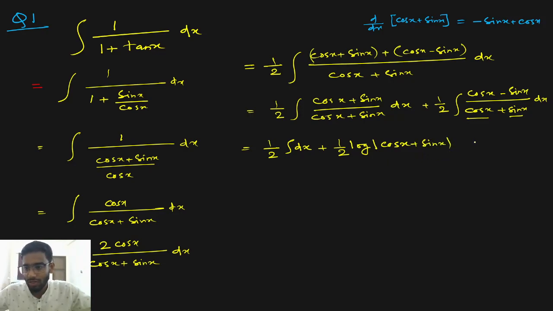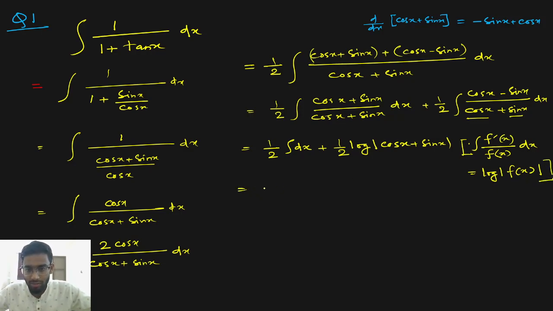Okay, it is clear, or you can write the reason also, that integration of f dash x divided by f x dx always gives you log mod f x. Okay, this is a formula we have used here.